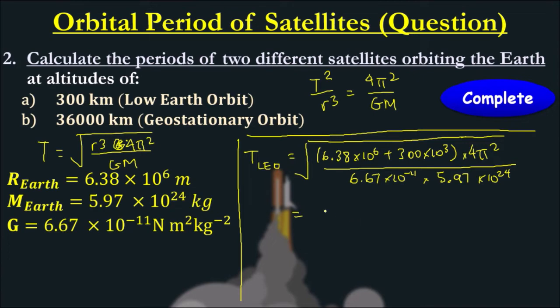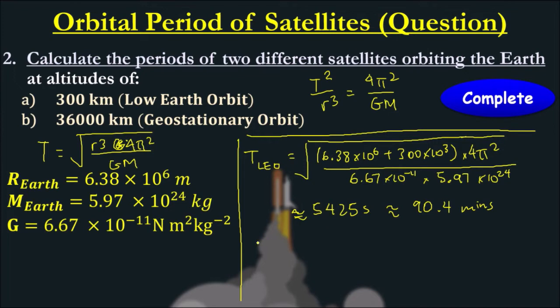And what we're left with is approximately 5,425 seconds, which equates to about 90.4 minutes. So it takes 90 minutes for a low Earth orbit to make one full rotation around the planet.